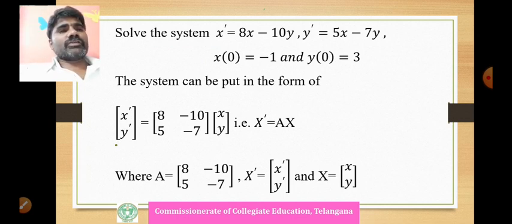x' equals 8x minus 10y, y' equals 5x minus 7y, where the initial conditions are x(0) equals minus 1 and y(0) equals 3.